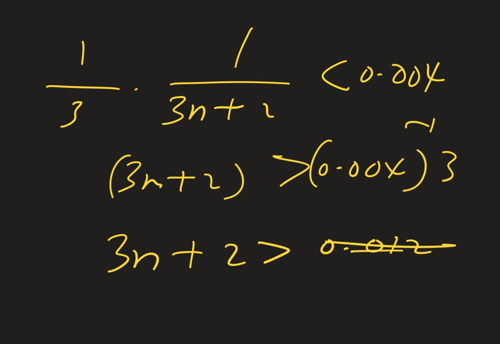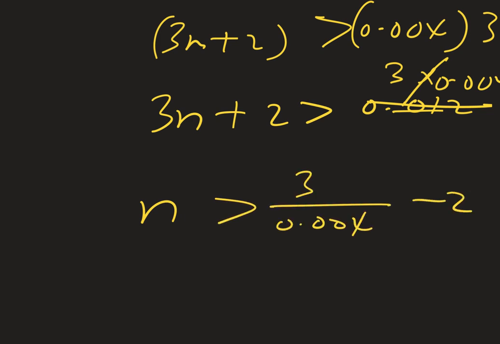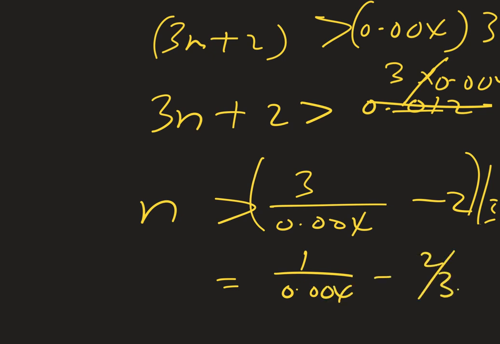I can be very careless. 3 times 0.04. So your n has to be bigger than 3 over 0.04 minus 2, divided by 3. Okay, so this is the n. Then you'll find the n. Oh, so easy.